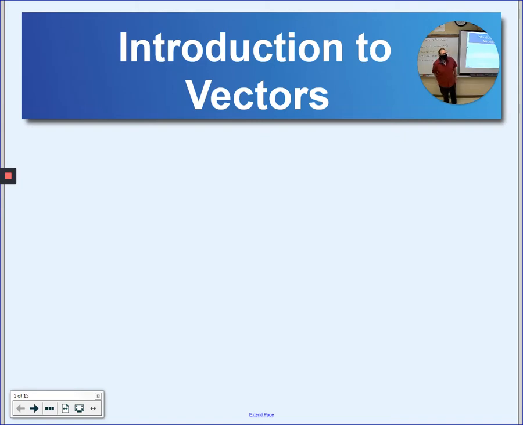Well, we are going to be looking today at vector addition. Vectors you're already familiar with, or I hope you are. The reason we're talking vector addition is because we are fast approaching projectile motion, which is either going to be your favorite thing in the world or your least favorite thing.